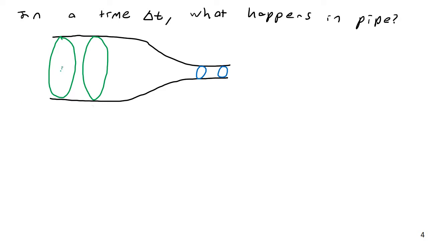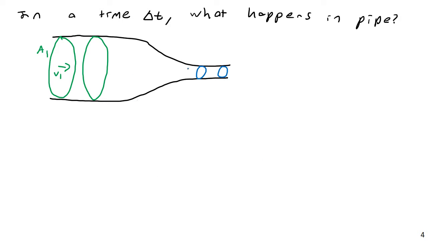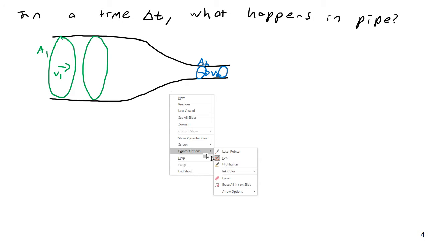We have V1 and A1, and we have V2 and A2. And then what is the length of each path here?